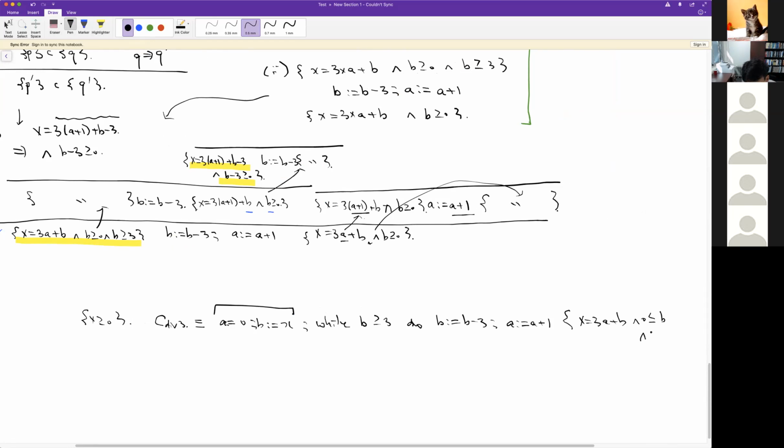So just say B is smaller than 3. And to make it really formal, write it like this: it's not the case that B is greater than or equal to 3.